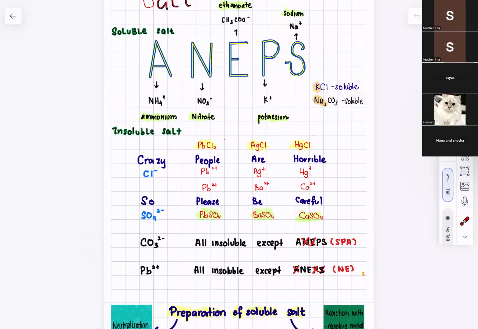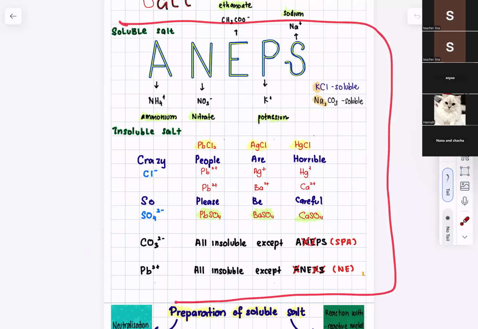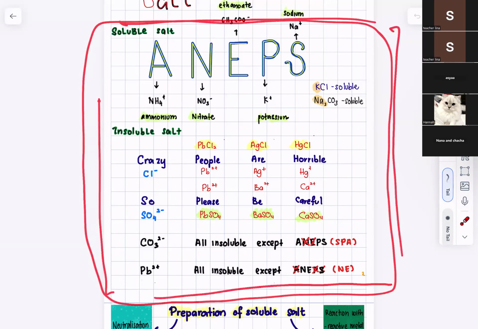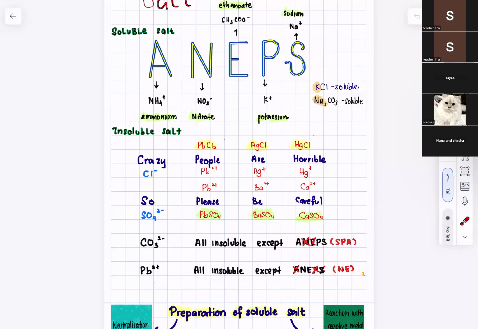Soluble or insoluble? Soluble. Zinc carbonate. Oh, insoluble. Okay. You need to focus on this one. If you want to find the soluble or insoluble, focus on this one.